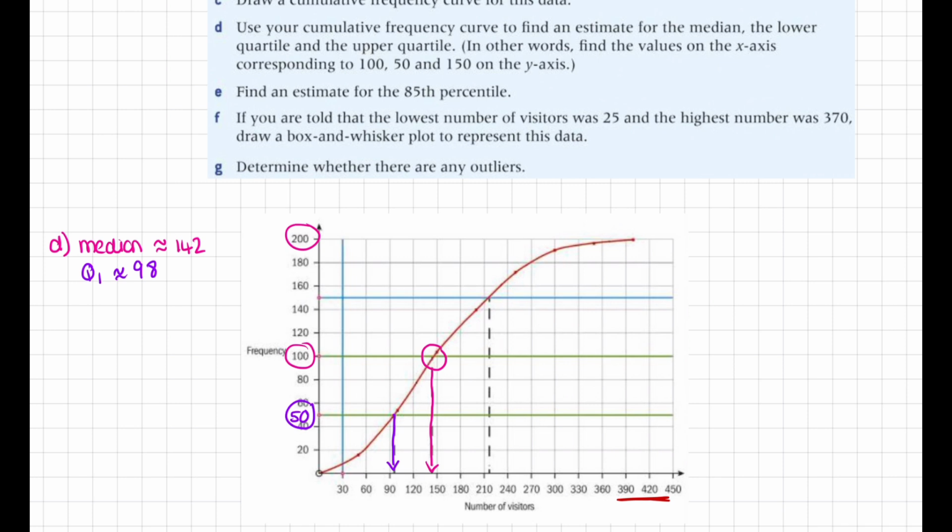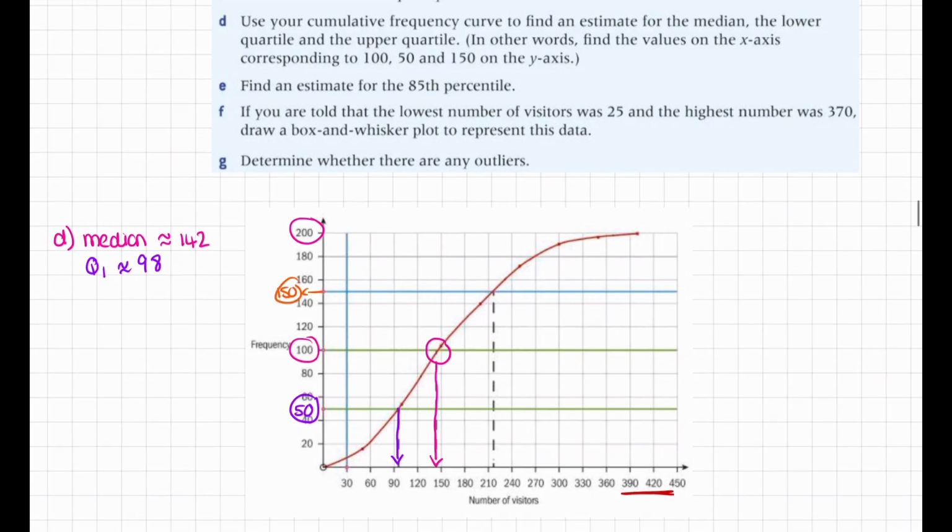So that's 75% of the way through the data, which will be at 150. And they've drawn a blue line there at 150, and we look at where that touches our cumulative frequency curve, read down, and we'll find that that is at approximately 218. Obviously, as I said, depending on your graph, your numbers will be slightly different, and that's okay.